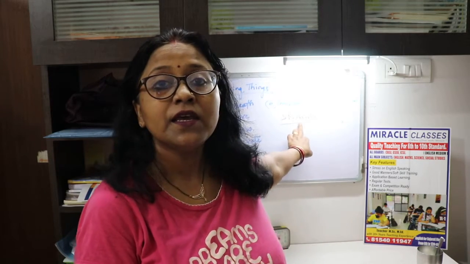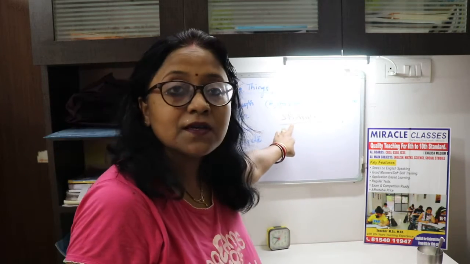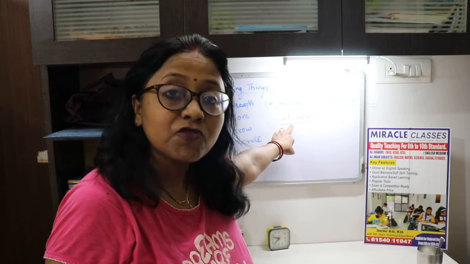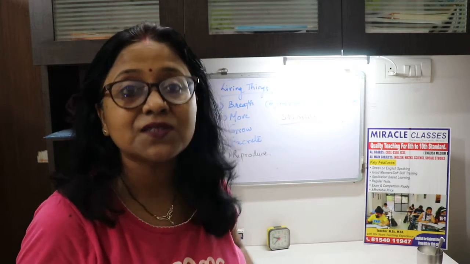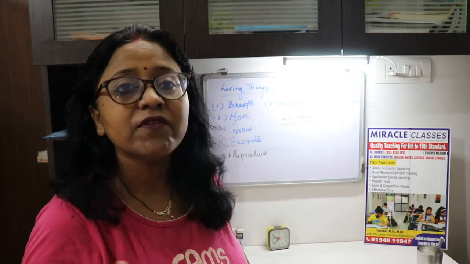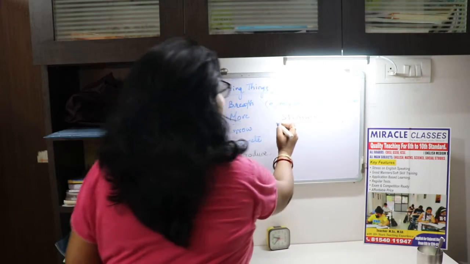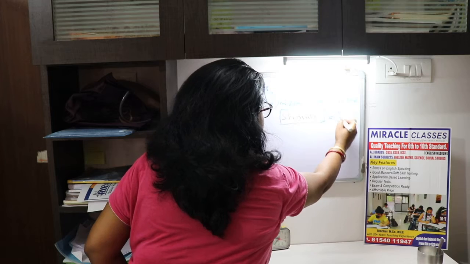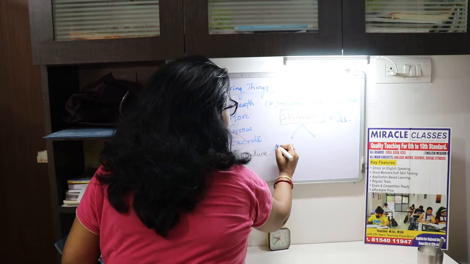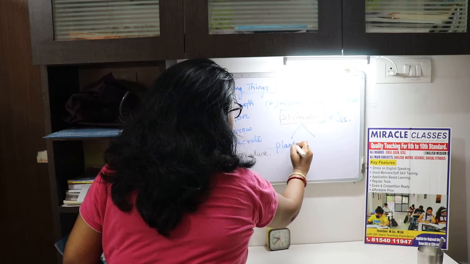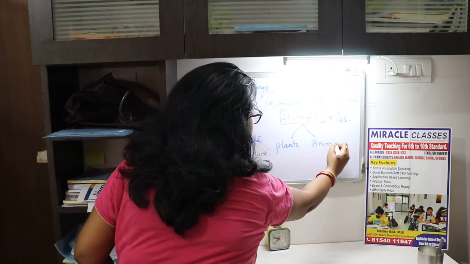Now, who asks those questions and to whom? That is the big question here. When we are talking about stimuli, I am saying stimuli is a kind of question, and this question is to be answered by living bodies, which are plants or animals.